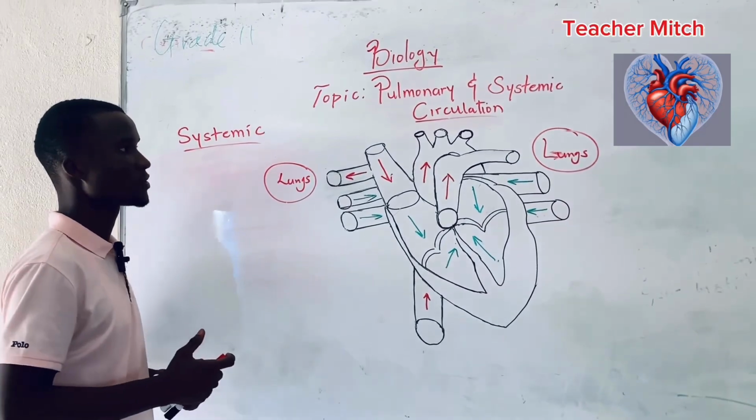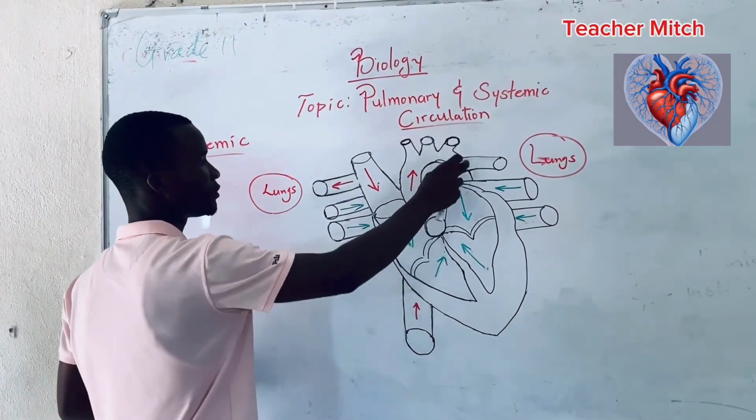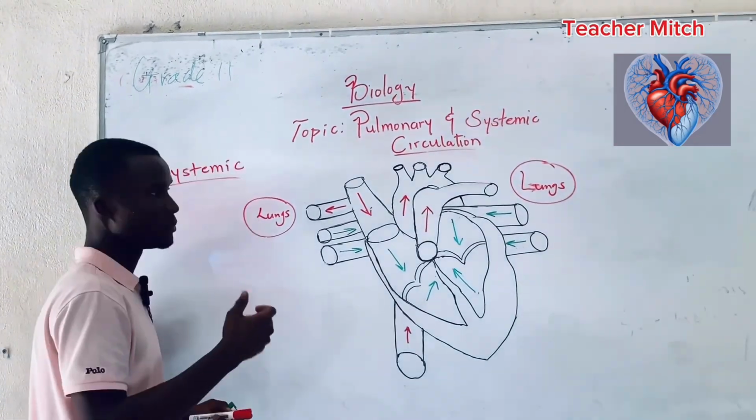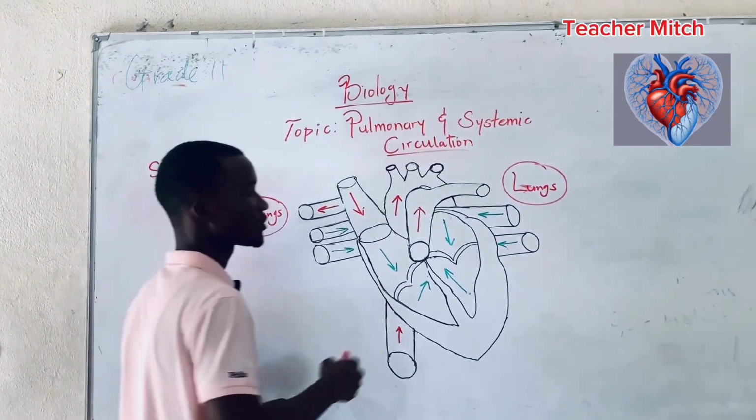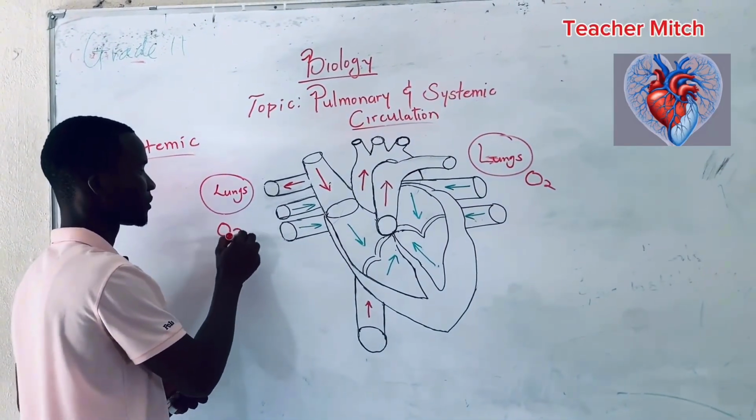Previously we mentioned that when the blood leaves the pulmonary artery into the lungs, it picks up oxygen. So now we have oxygenated blood in the lungs.